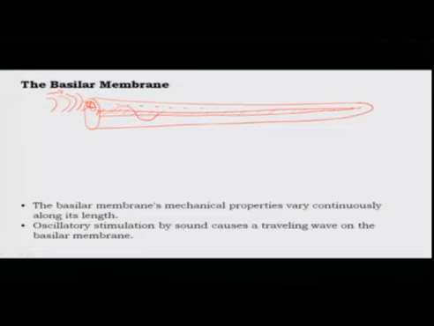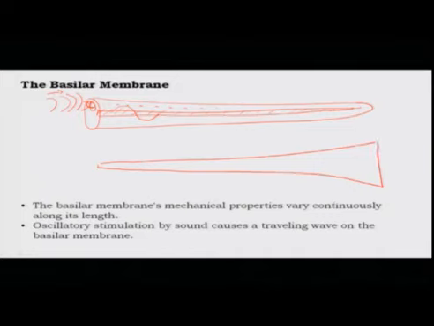Why? Because if you take a look at the basilar membrane just by itself, it looks very different from one end of the cochlea to the other. From the end towards the windows, it is very thin and stiff, and here it becomes very, very thin and very, very stretched and floppy.